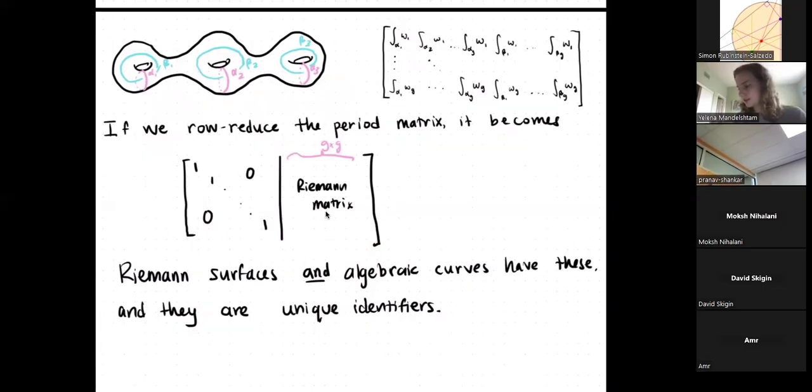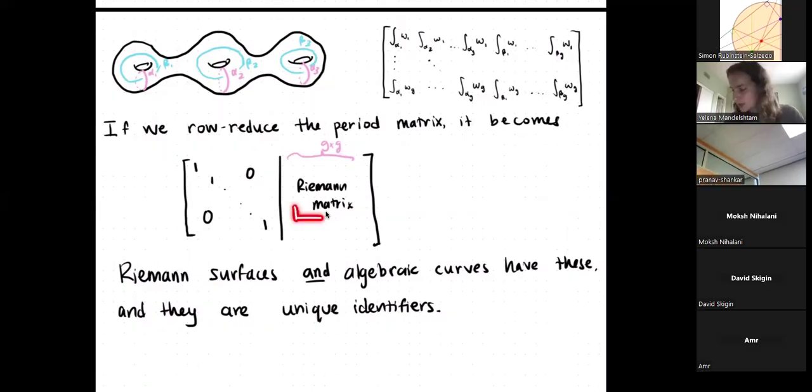And that is a unique identifier. Again, the Riemann matrix, unfortunately, still won't be unique. You can still have different choices that give you different Riemann matrices for the same surface or the same curve, and they have a complicated relationship that's hard to describe. But given a Riemann matrix, there is only one surface related to it.